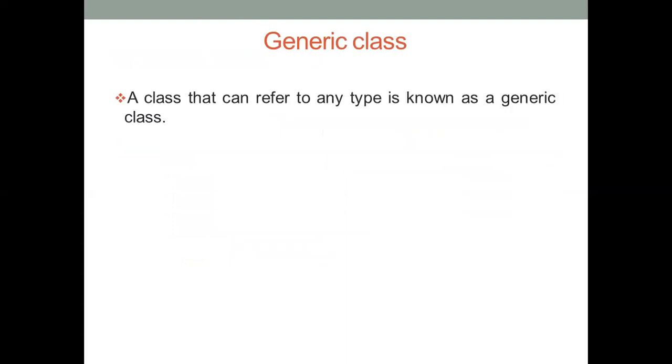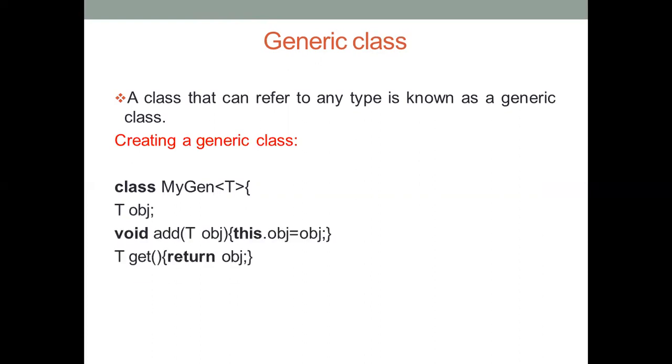A class that can refer to any type is known as a generic class. So how do we create a generic class? Now let's see the syntax of creating a generic class, and after that we will look at a small example.